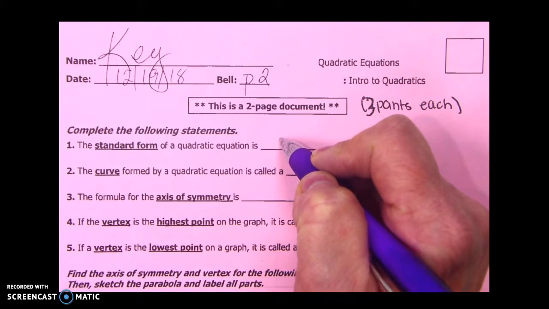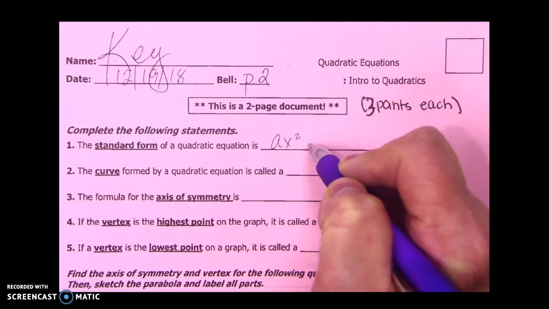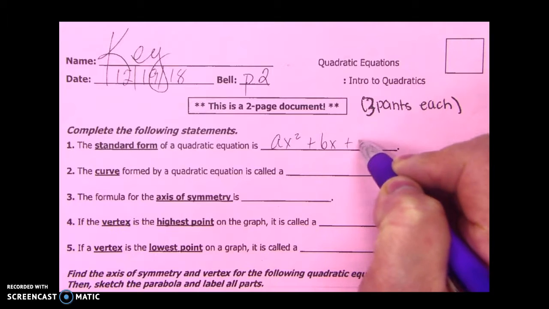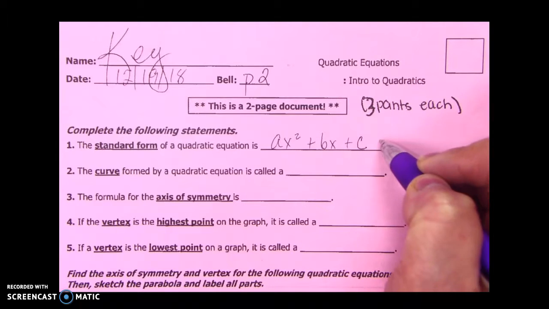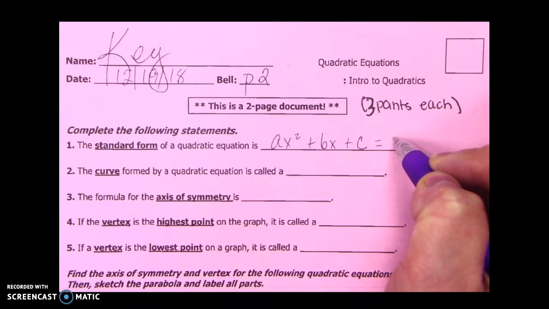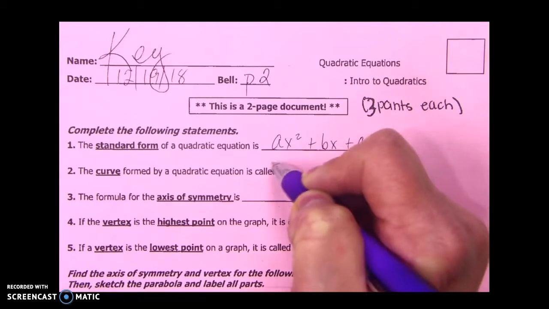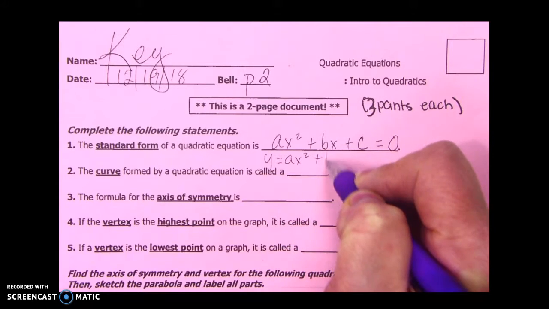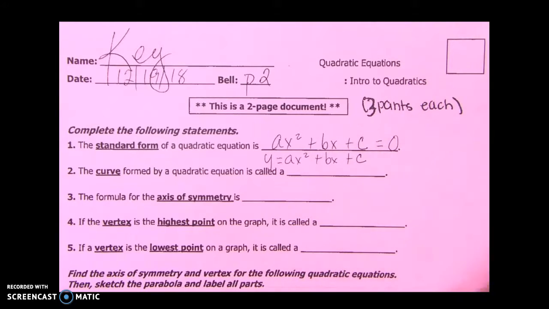We have an equation, ax squared plus bx plus c equals 0, or you may see it as y equals ax squared plus bx plus c.